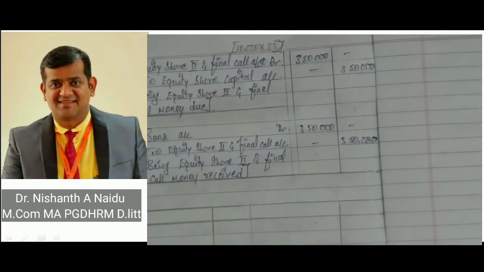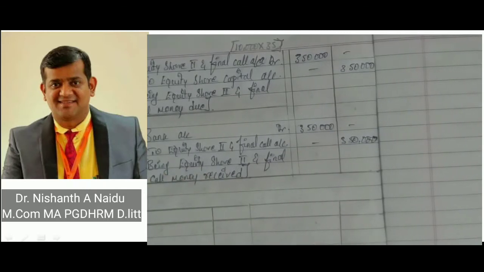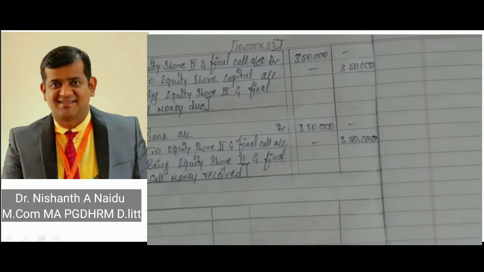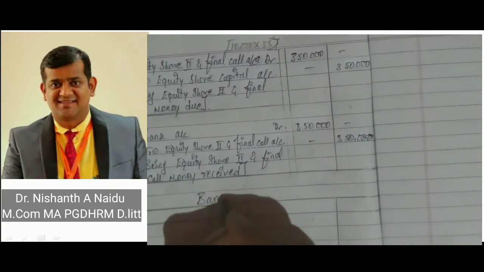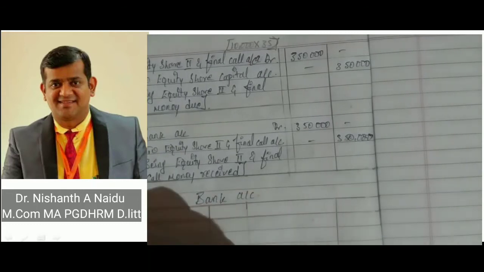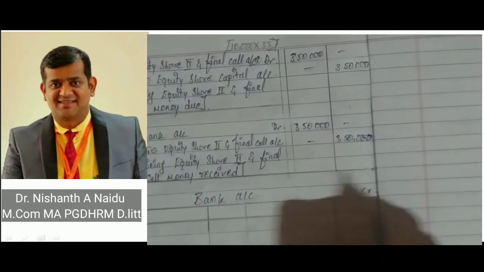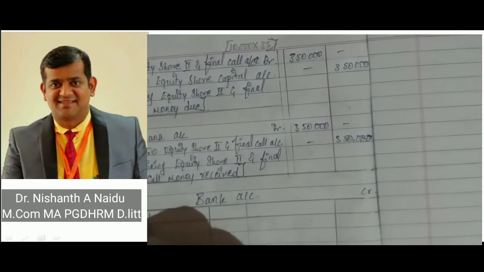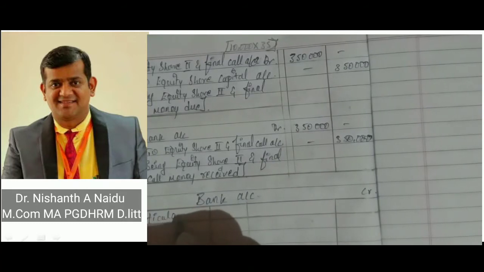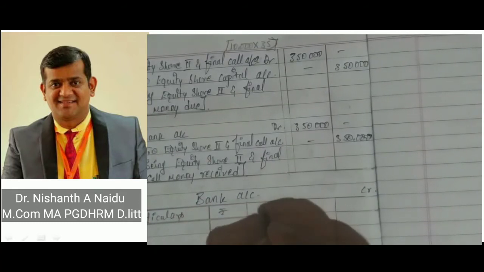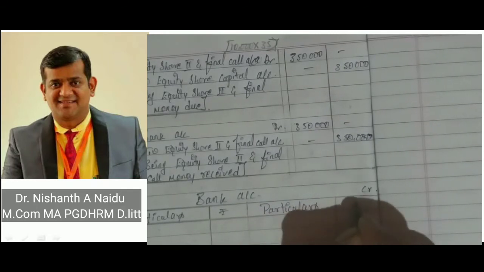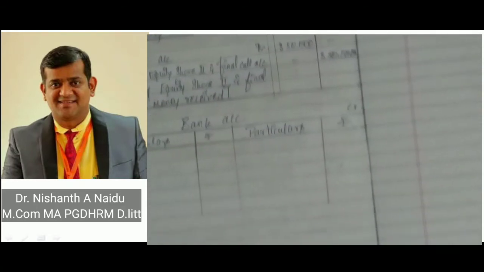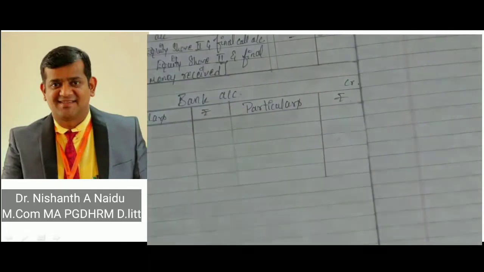Okay, approximately 5 lines is more than enough. So let me fill the columns. Title, bank account, it is going to be a ledger account. So debit, credit, particulars, rupees, particulars, rupees. Okay, so now I'm ready with the ledger account.